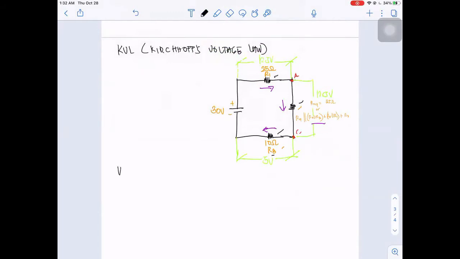So we have VR1 plus VR8 plus VR4, which is parallel to the R2, R3, plus R5, R6, plus R7, minus the voltage total.